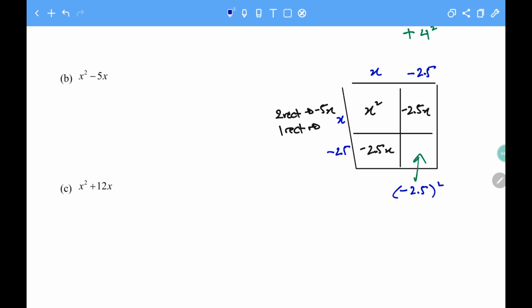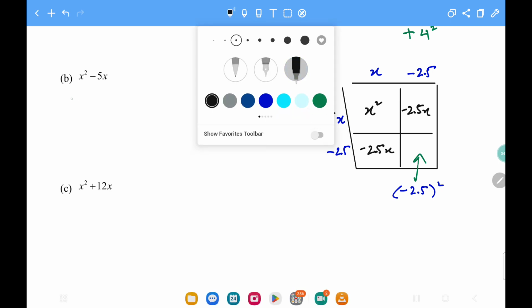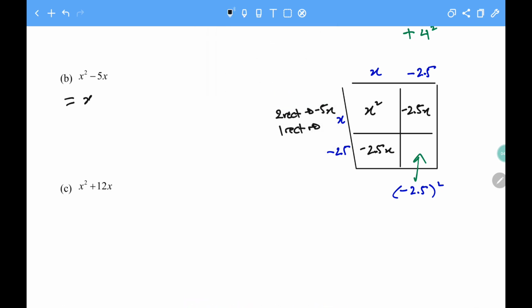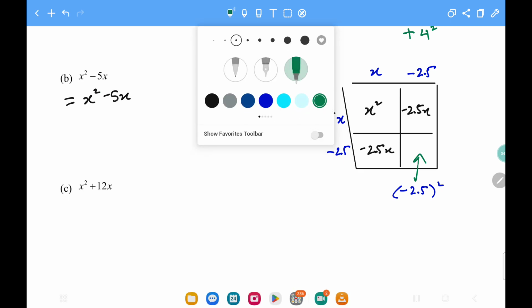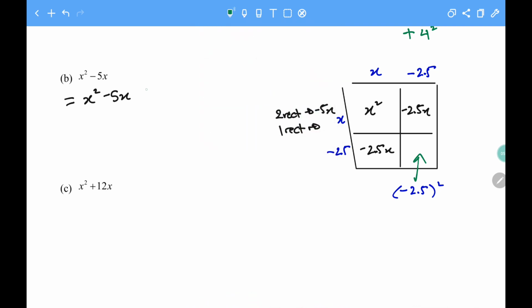Therefore, let's look at our working. x squared minus 5x. I need to add, in brackets, negative 2.5 squared, and the value is 6.25, so plus 6.25.